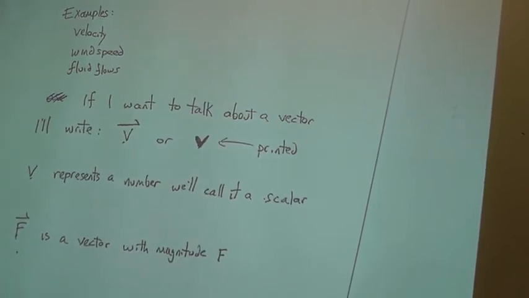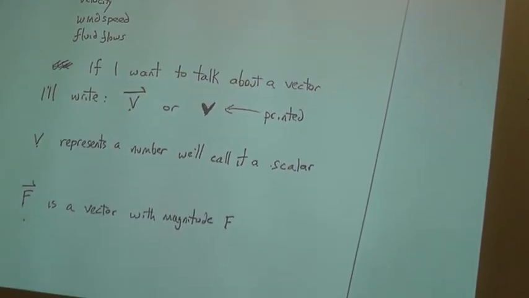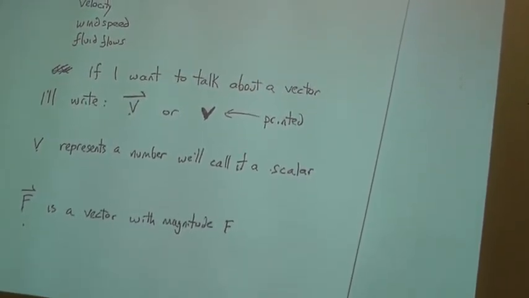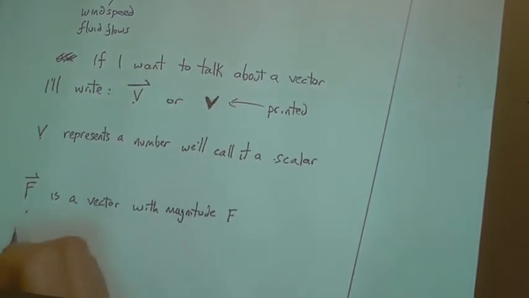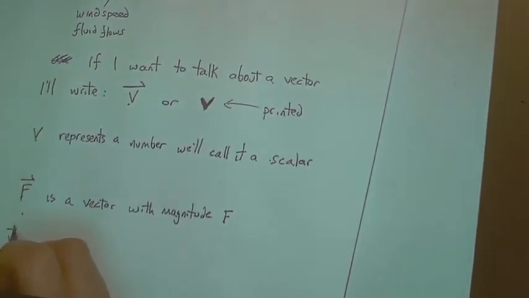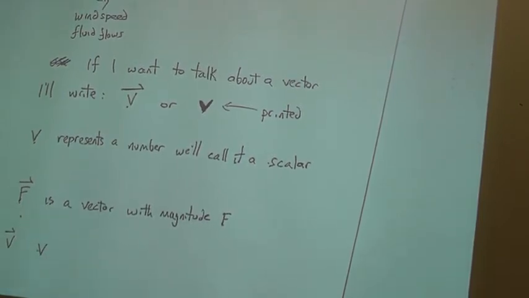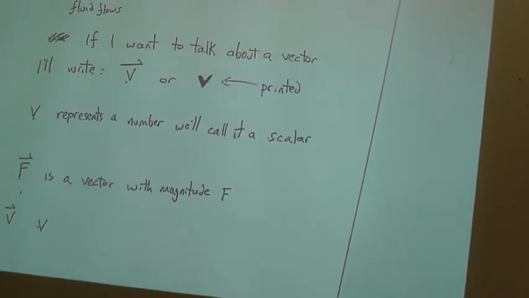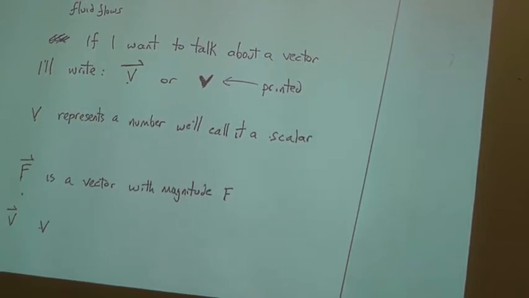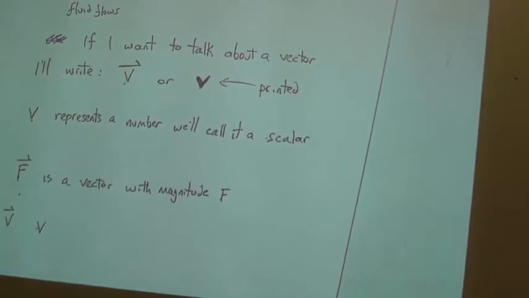So you won't see that at first, but down the road in here you will. So you will see velocity as being this, and this will be speed, the magnitude of the velocity, and it helps you to keep track of stuff. Okay?